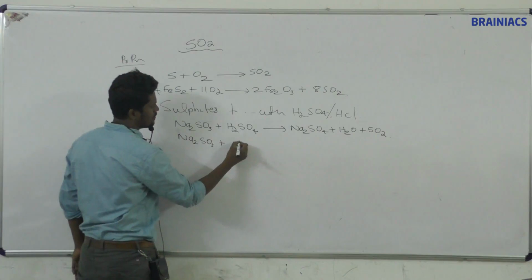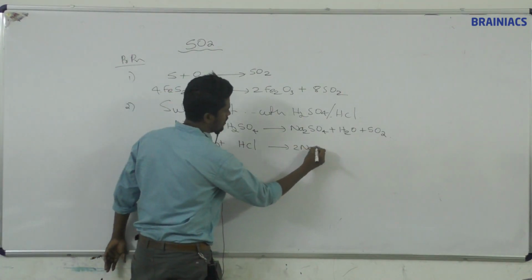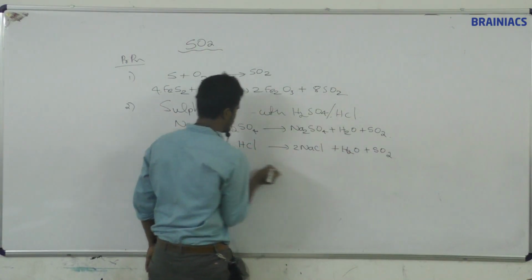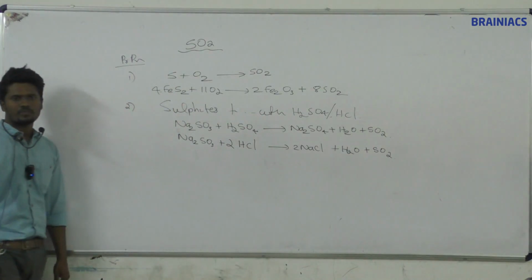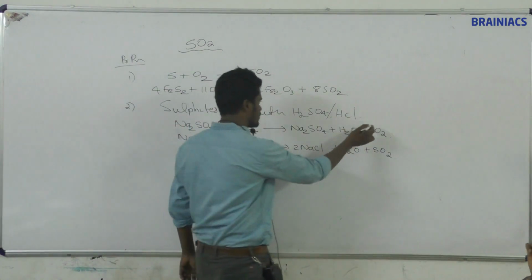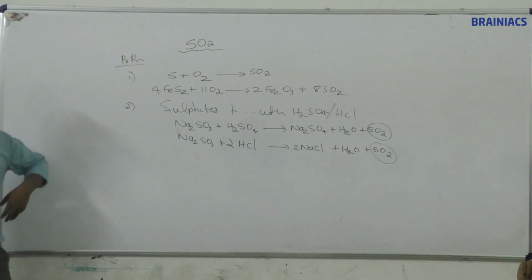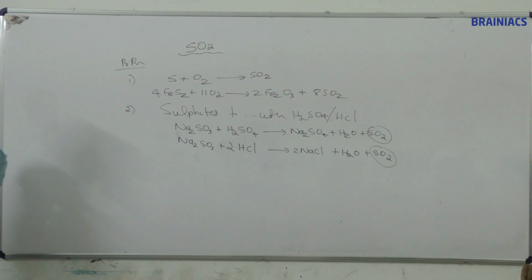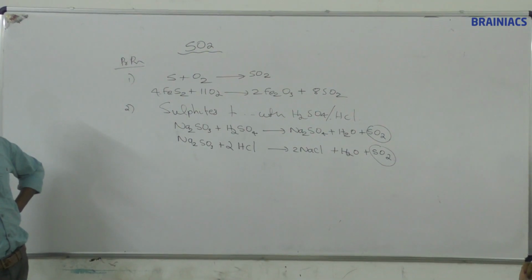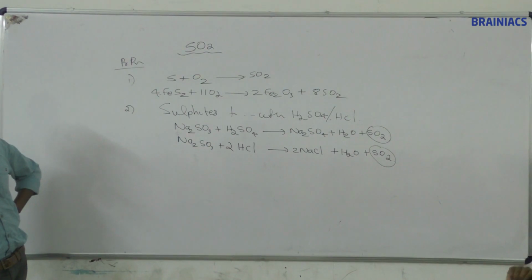Na2SO3 reacted with HCl gives 2NaCl plus H2O plus SO2. Sulfides treated with H2SO4 give SO2.